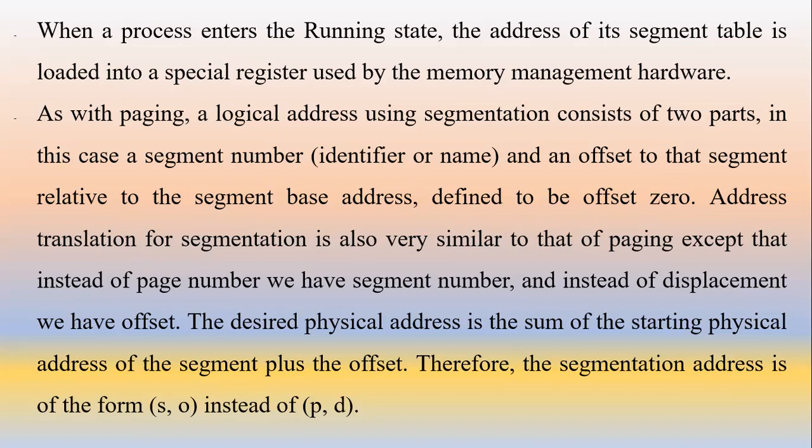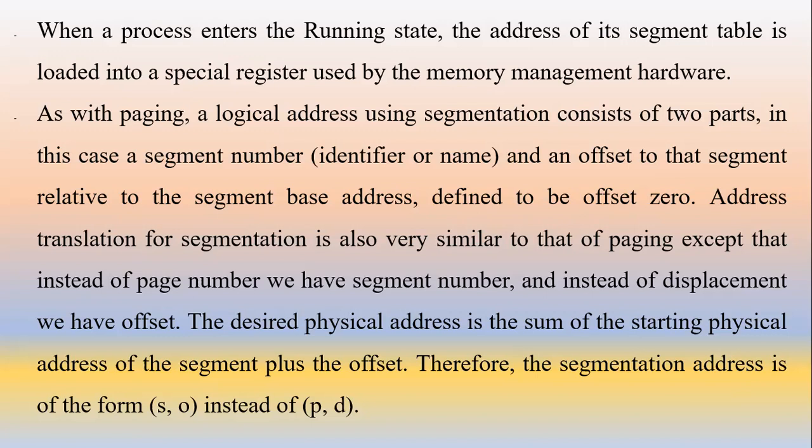In this case, instead of a page number, we have a segment number, which is an identifier or a name, and an offset to that segment relative to the segment base address, defined to be offset 0. If you want to learn more about the paging memory allocation method, you can watch video part 6 on paging memory allocation method.